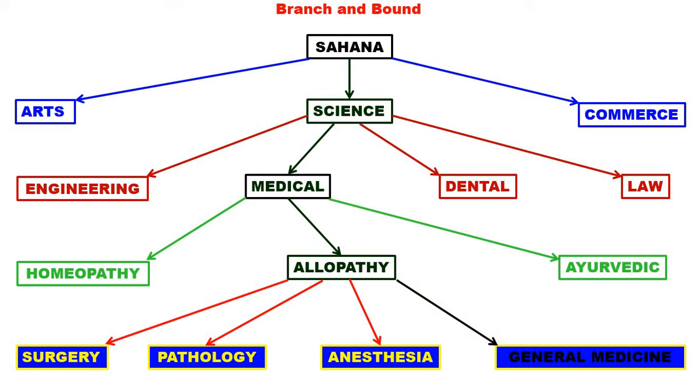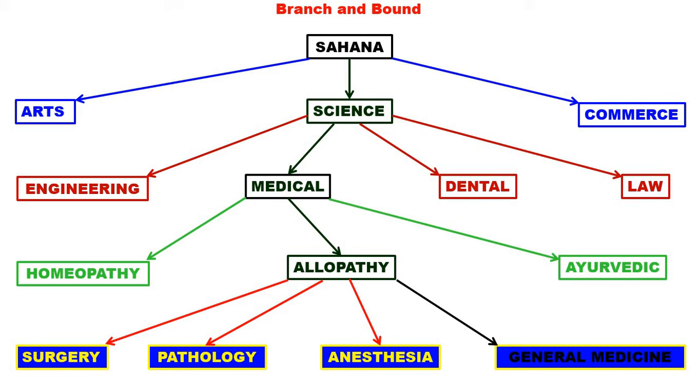Now you can understand that at each step there were so many options which we call branches. So when so many branches are there, you have to bound to the best possible branch. Again, from that particular point, you have so many branches, you have to bound to the best possible solution.